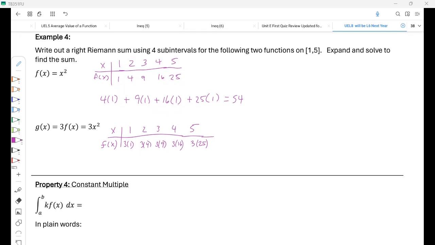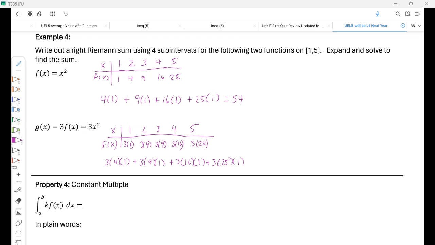Which means that my Riemann sum here is going to be 3 times 4 times 1 plus 3 times 9 times 1 plus 3 times 16 times 1 plus 3 times 25 times 1. And again, those ones there just for emphasis that we are finding a Riemann sum. The widths are 1.